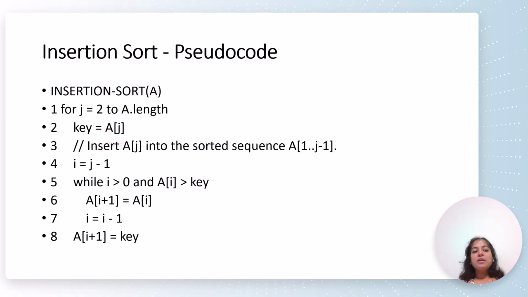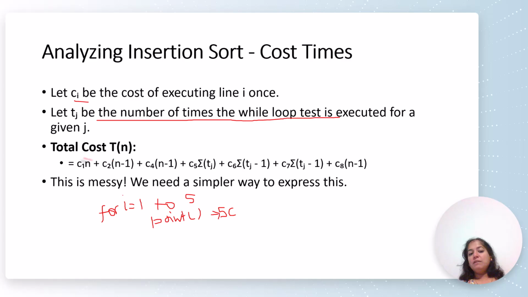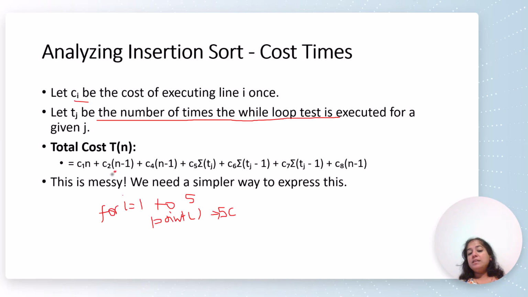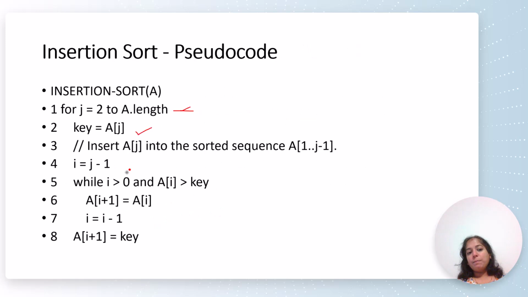Let me show you. C1n, the statement executed, right? The first line executes n times. The for loop will execute n times depending upon the length of the array, so it becomes C1n. Then C2(n minus 1).